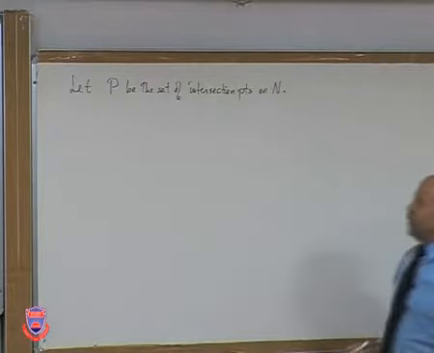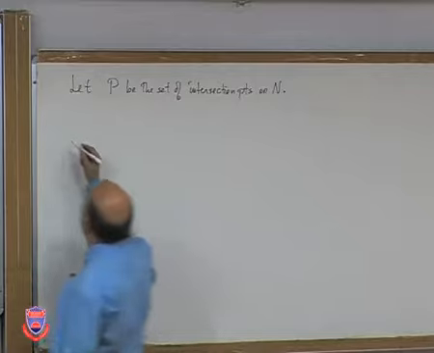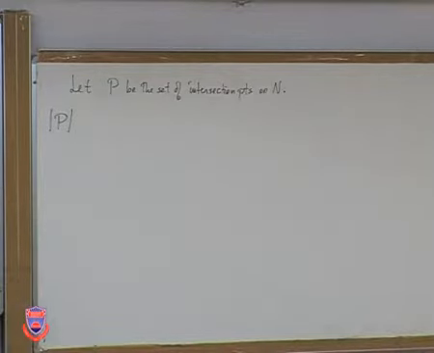So let's define P to be the point set consisting of all intersection points on the network. Now, the number of elements or the number of points in P is how many at most?